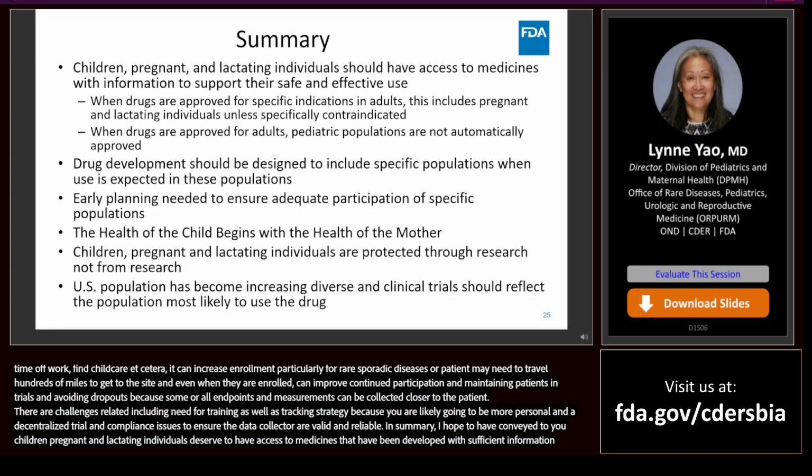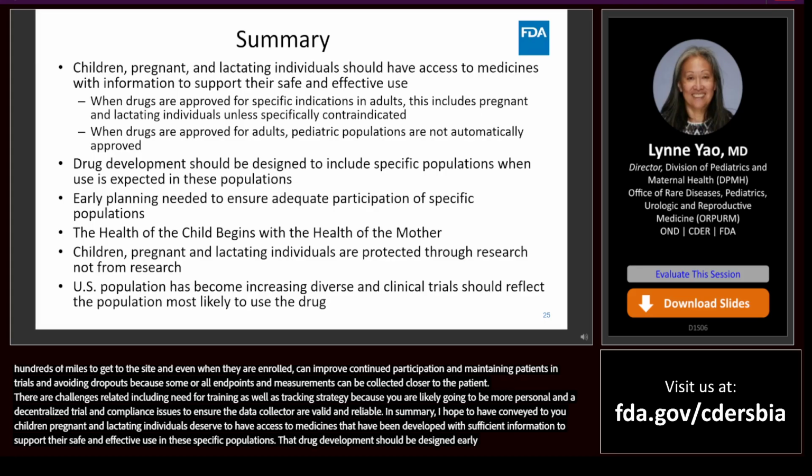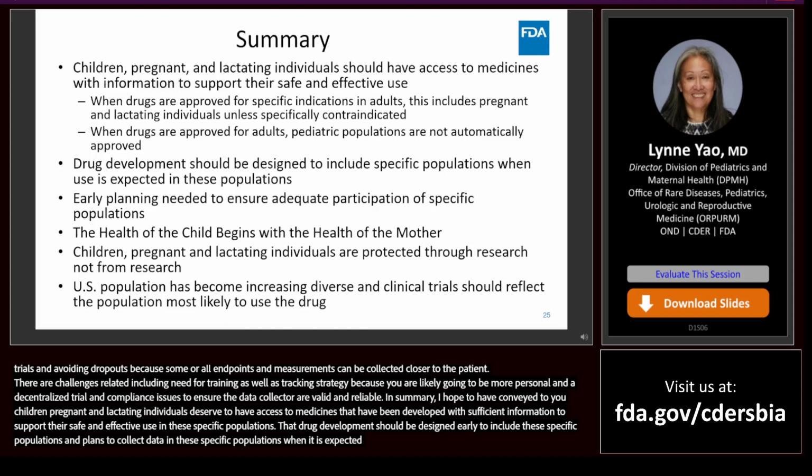Drug development should be designed early to include these specific populations and plans to collect data in these populations when it's expected that if the drug is approved, it will be used in these populations. Of course, that requires early planning.